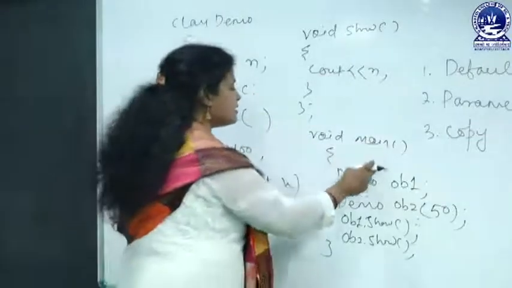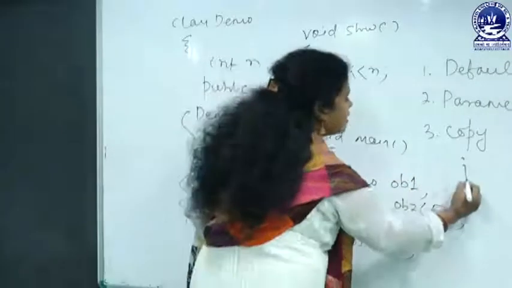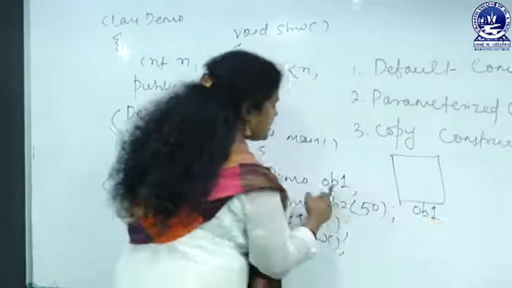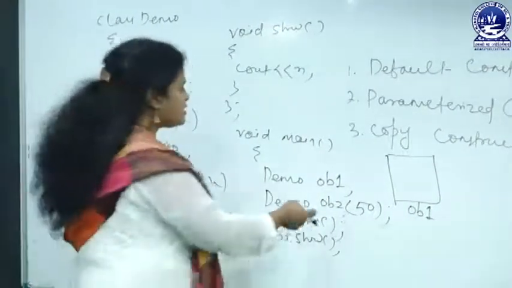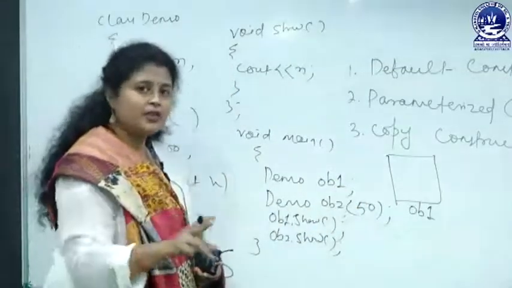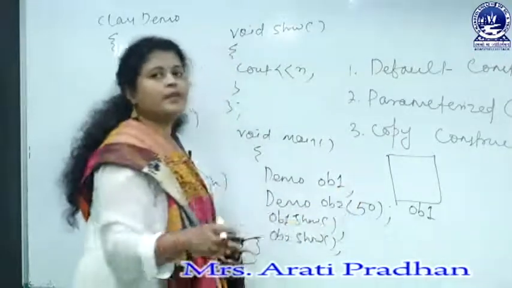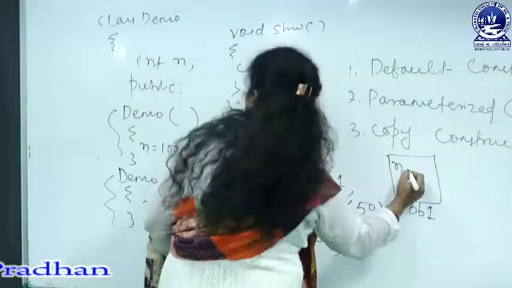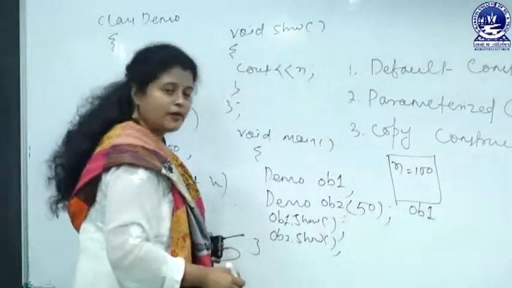In the main function, I have used demo OB1. When you are creating one object OB1, it means that the default constructor will be executed. Why? Because we are not passing any argument, and in the class we have used two constructors, so the default constructor will be executed, and for that reason the n value will be initialized with 100 in case of OB1.